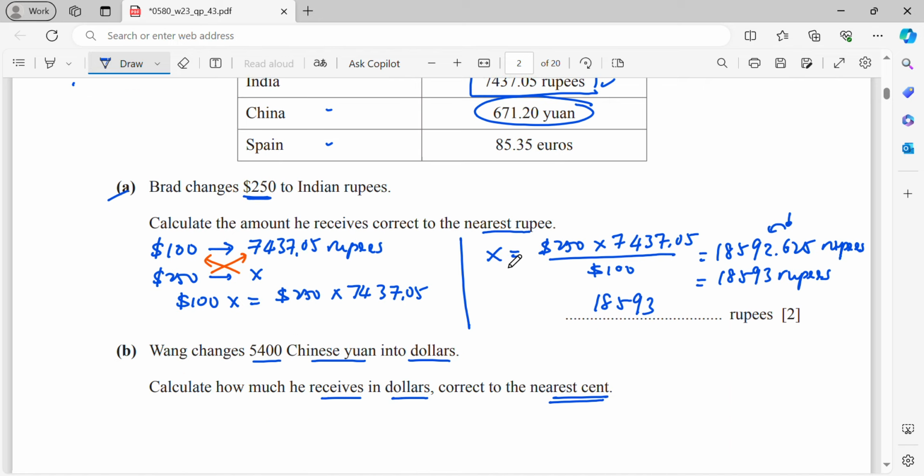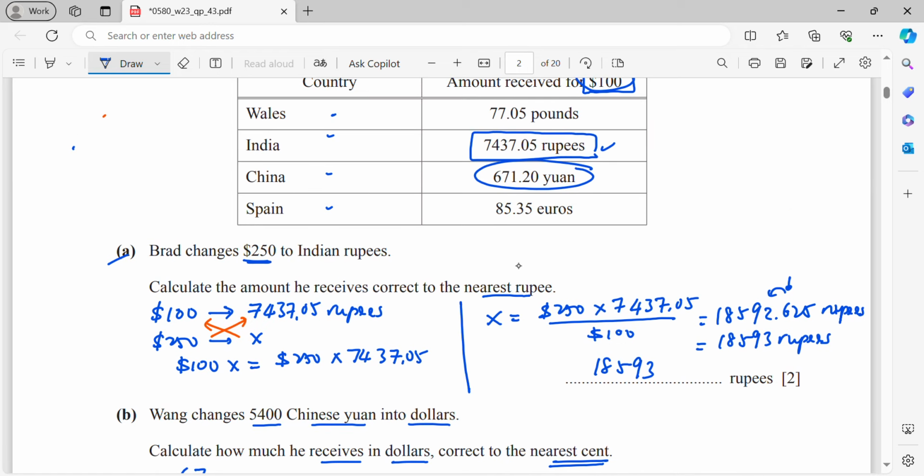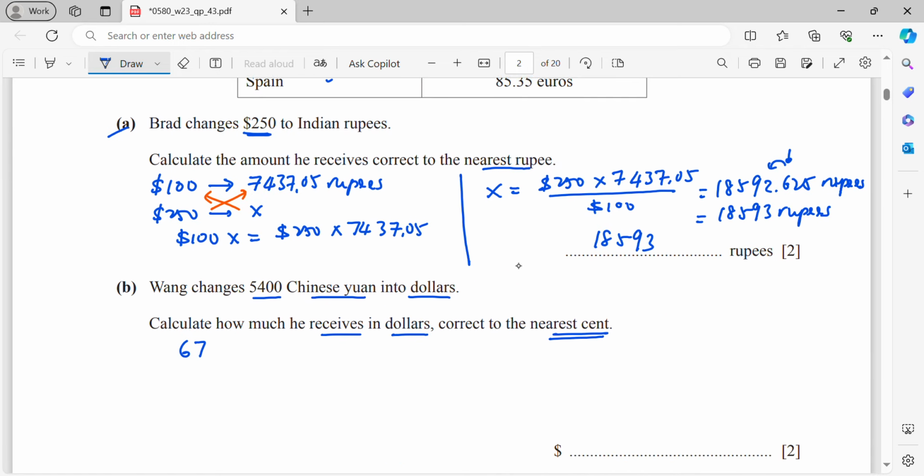So now I will write 671.20 yuan equivalent to $100. Okay, so now 5,400 Chinese yuan. So 5400 yuan, it will be X dollars.